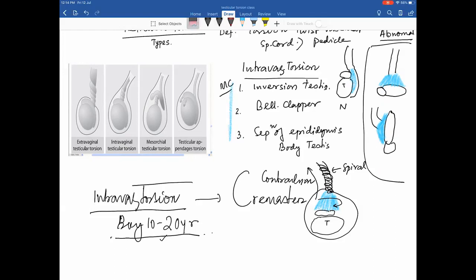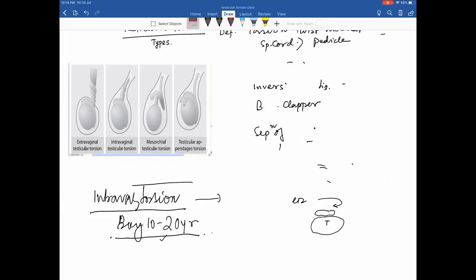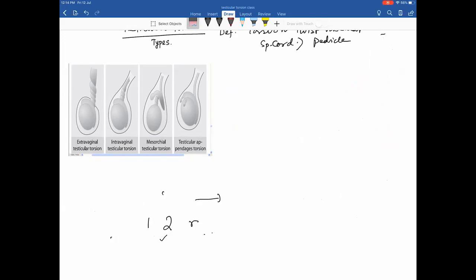Now let us talk about the clinical features that arise due to a testicular torsion. As I've said, intravaginal torsions are seen in the age group 10 to 25, and can also be seen in adults, but are usually uncommon. Remember that undescended testes make attachments very easily.